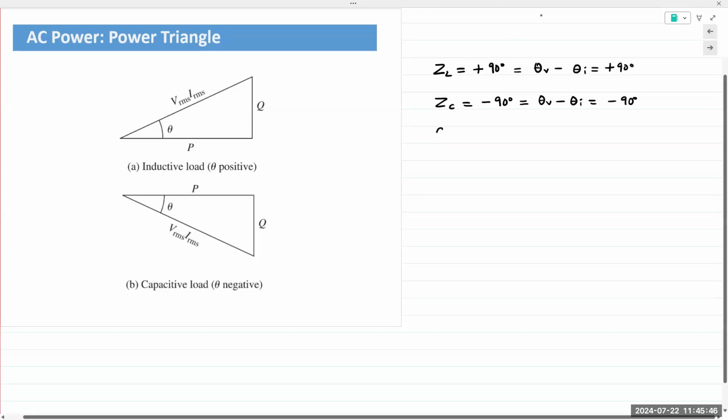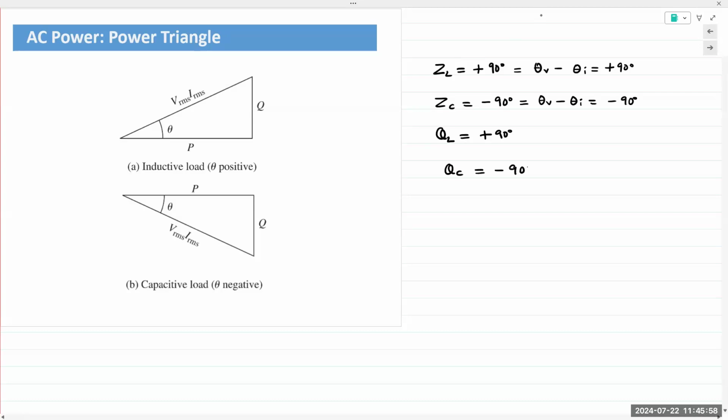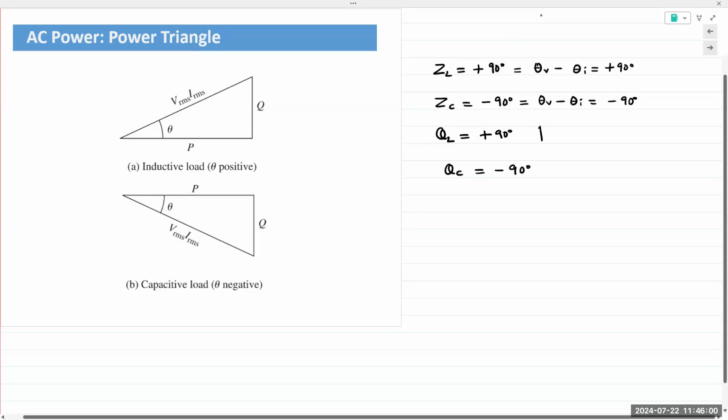Hence, if you plot QL, QL will always be positive in the sense that it is always pointing up. And QC is always negative because it is always pointing down. And when I say pointing up and pointing down, this is the positive imaginary axis, and this is the negative imaginary axis.